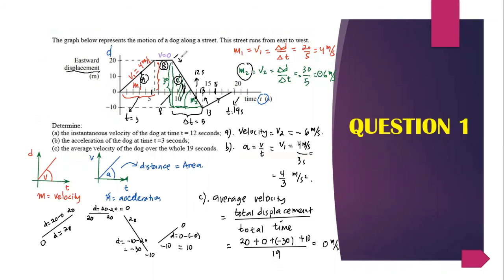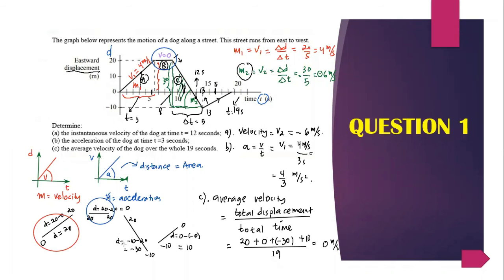So I will show you the graph. This one is the first. The second graph here. Is it clear to you?